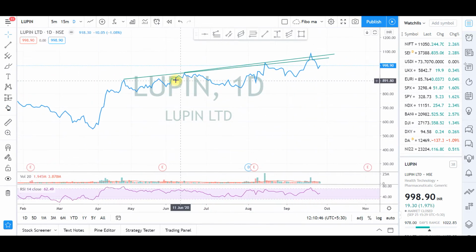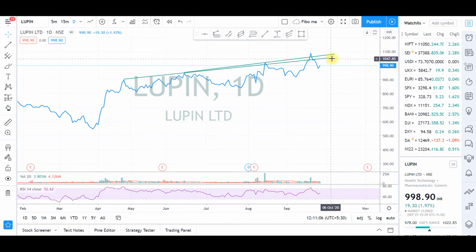Now you see the characteristic of this chart. This is the Lupin chart, and you see the first trend line which we plotted here. You just see the tops. We will go back to the candlestick pattern later, but we are just seeing here. Now this is the trend line we plotted.